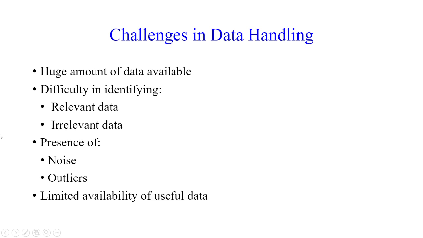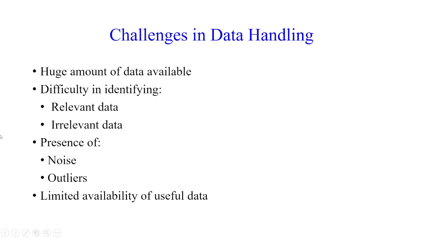Sometimes your data might have noise, and it might have outliers. When I say noise, it refers to random errors in your data set. Outliers are data points drastically different from the rest of the data that you have. Outliers might mislead the predictions. There is also limited availability of useful data.